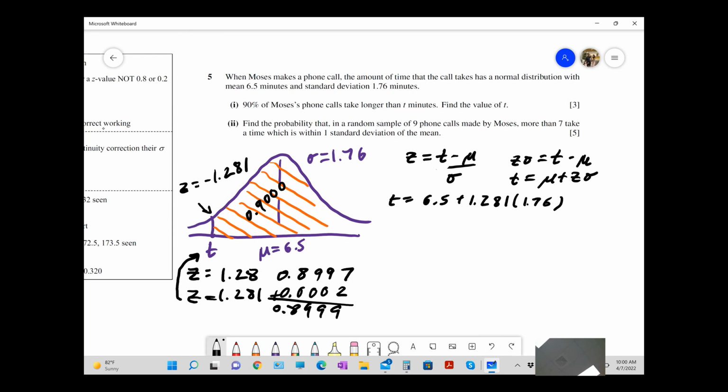Look at the end. So look at 1.28 and put your finger on 0.8997. Now slide your finger to the right. At some point towards the end, you're going to see some individual numbers that have like 1 or 2. You see that? They're alone by themselves, all the way to the right.